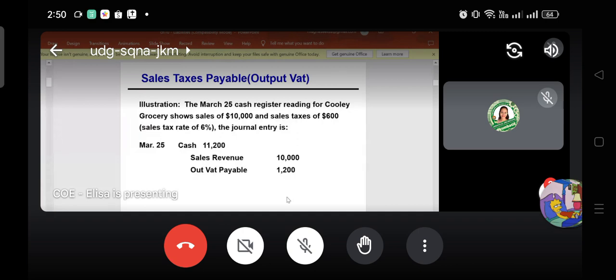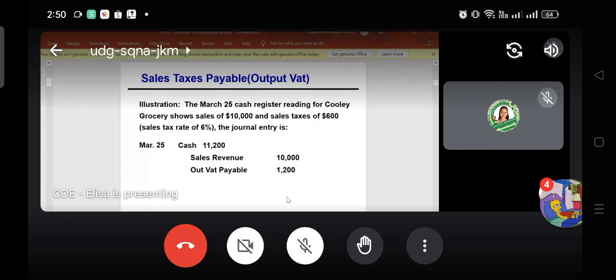In that case, when we buy something worth 15,000, the 13,000 of that we recognize as sales revenue. Then the 1,600 is the amount paid by our client as VAT.